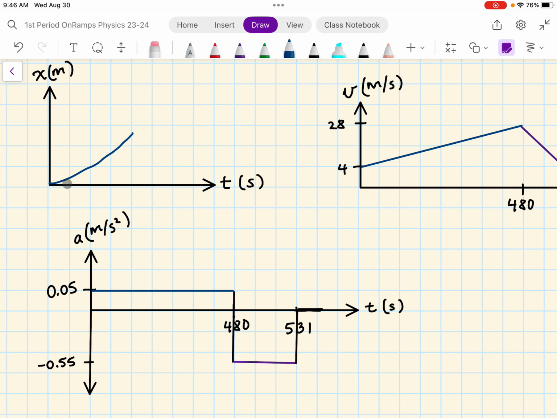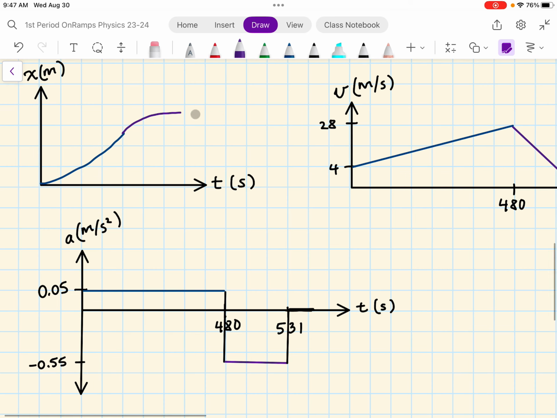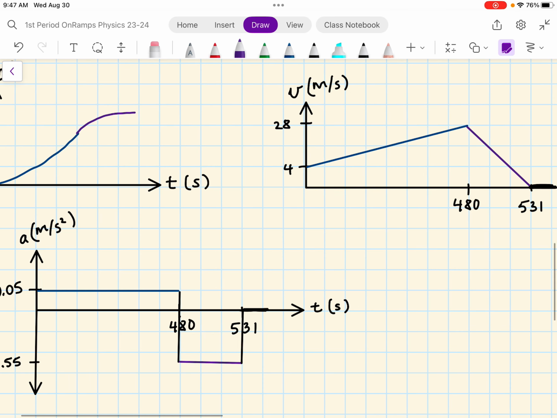So we start at 4, and then we go up to 28. And then we're going to slow down. So we continue, and then we get flat. This is a 28, and then it gets to 0. Okay, so there you go. Acceleration, deceleration. And now we have a complete model for this problem.